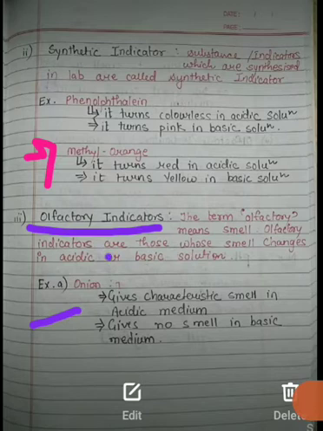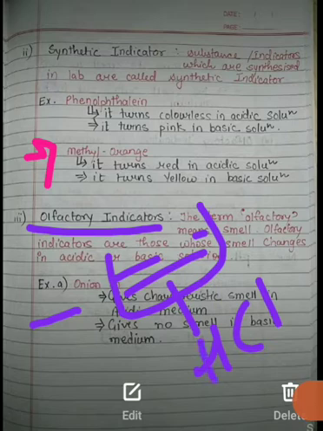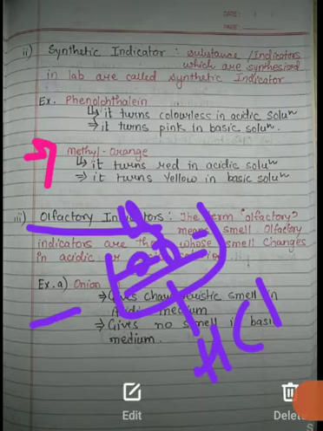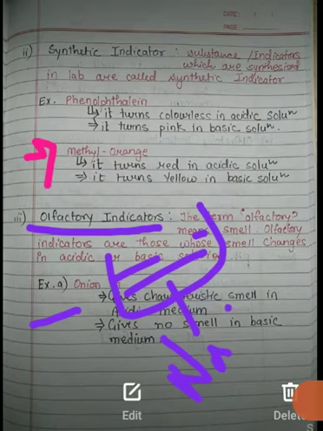That is, if the medium is acidic, here we are taking any acidic solution and we have added onion extract in it, then the characteristic smell will be enhanced, that is, we will get a strong smell, okay, or the smell is increased. But when we add this onion extract into a base, let me draw here, suppose it is a base, that is sodium hydroxide, and now we are adding onion extract in it.